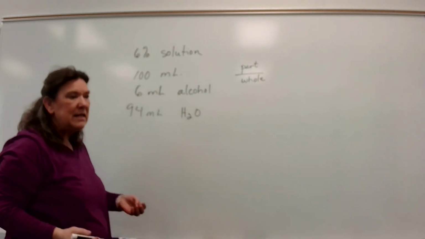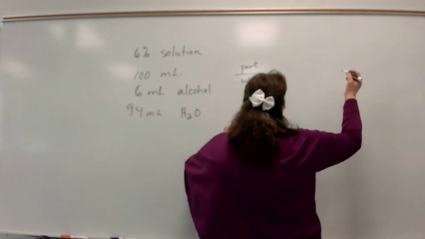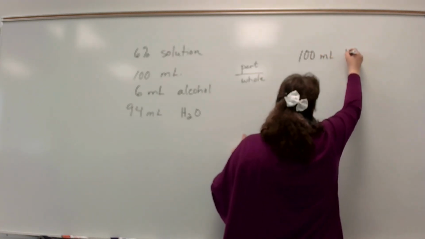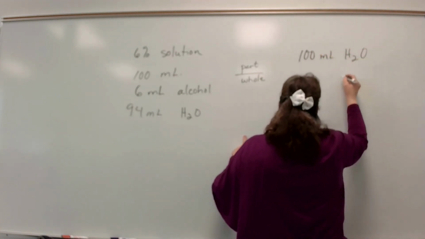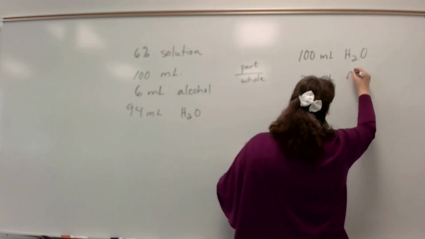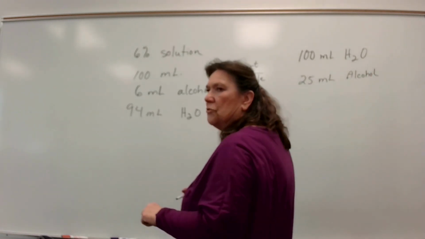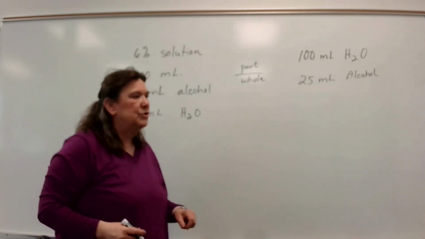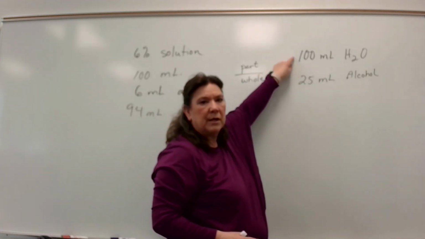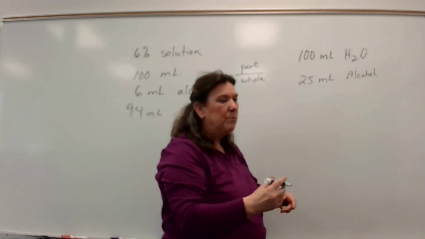So if they say that you have 100 milliliters of water and 25 milliliters of alcohol, for example, what is the concentration of that solution? Well, in this case, this is one part, and together they make up a whole.